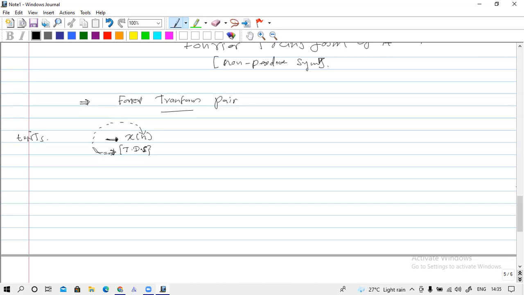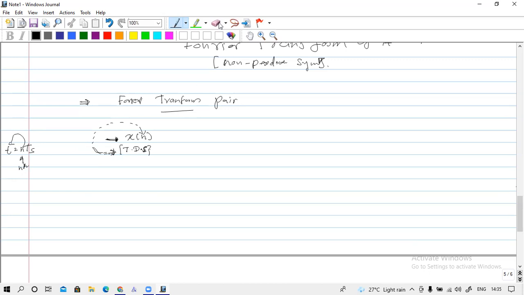Here n is the number of samples, the nth sample, so you can see that n, the sample, is mapped with time. So basically this is a time domain signal.